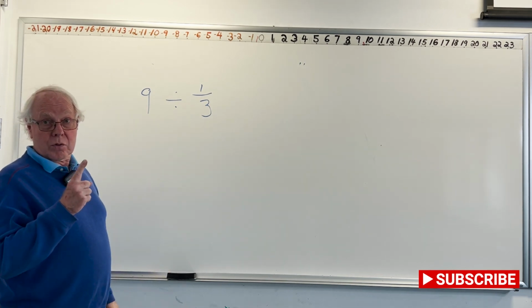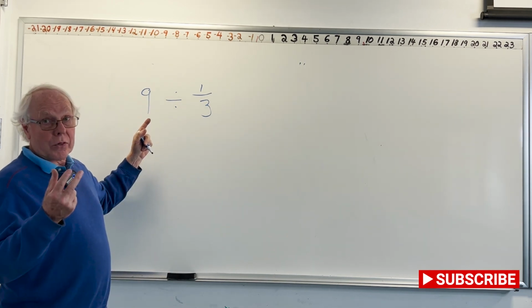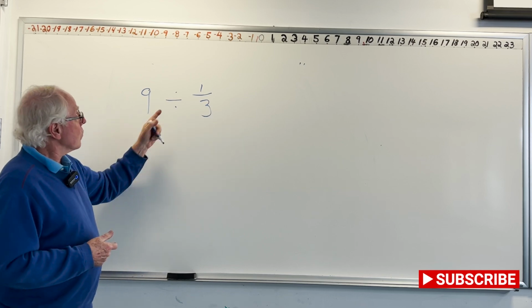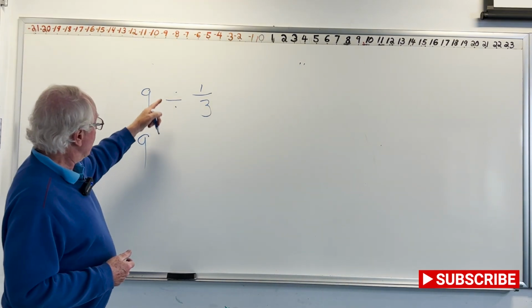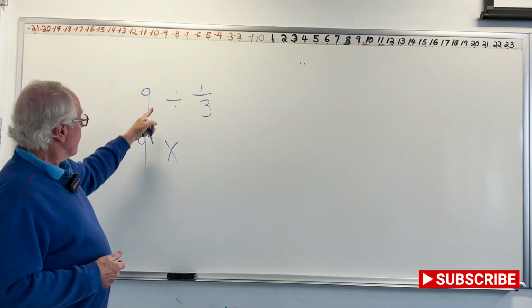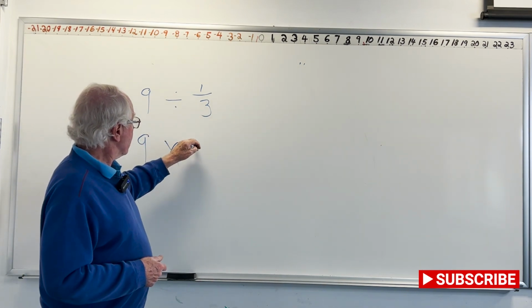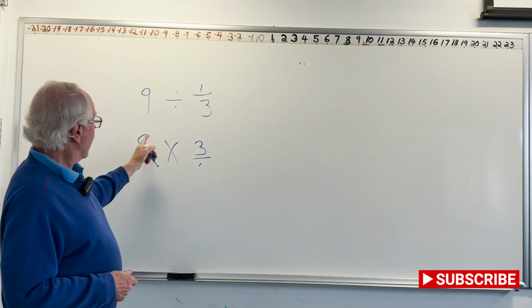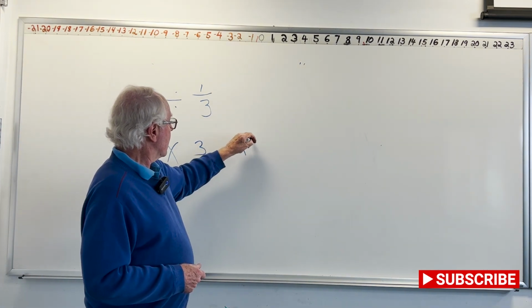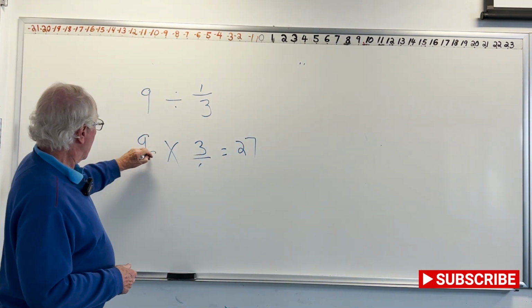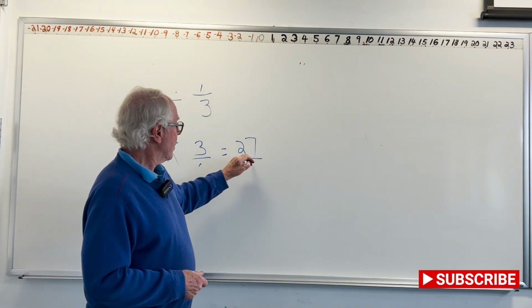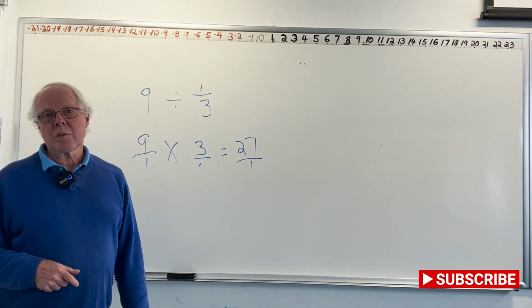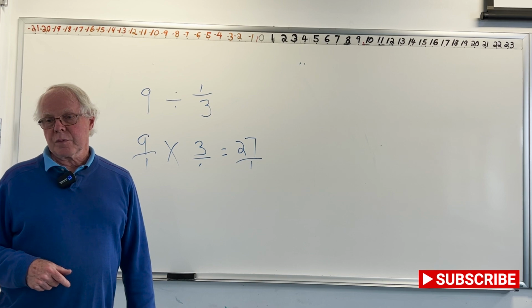So 1 has 3/3 in it, 2 has 3 more thirds in it, and so forth. But to make it easy, 9, we'll change the sign to multiplication, and this will flip over to 3/1, or just 3, and it's going to be 27. If you want, I'll make that look like a fraction. 27/1, it's still 27. Okay?